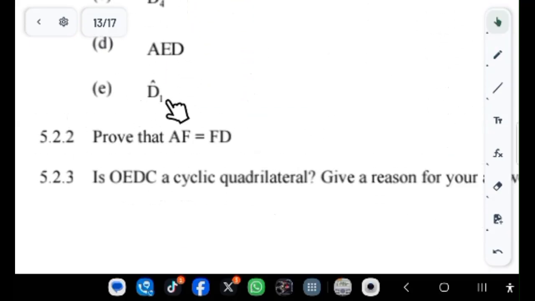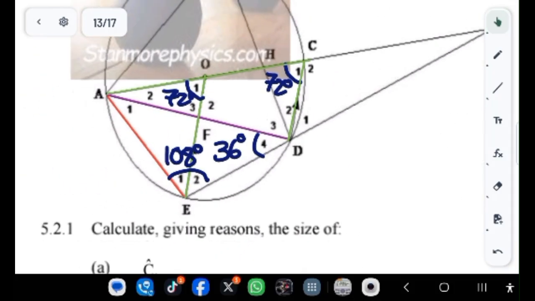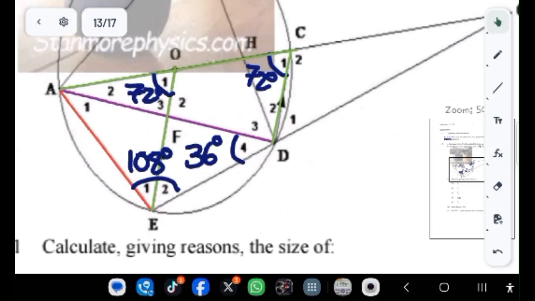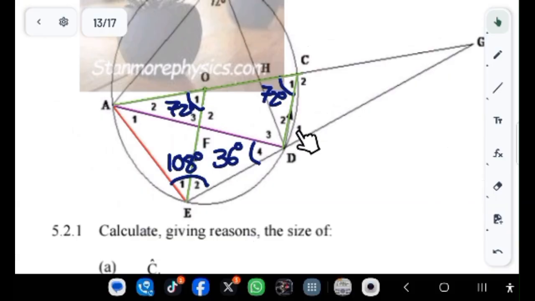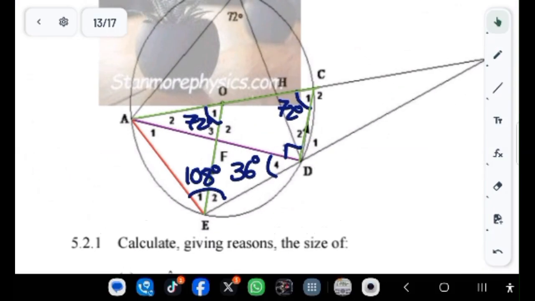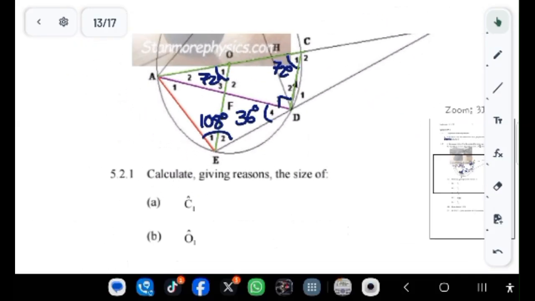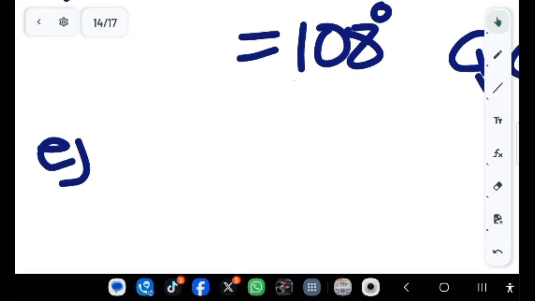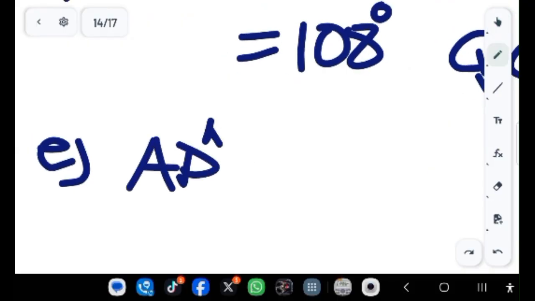Next, the last one is angle D1. We know that angle ADC equals 90 degrees.